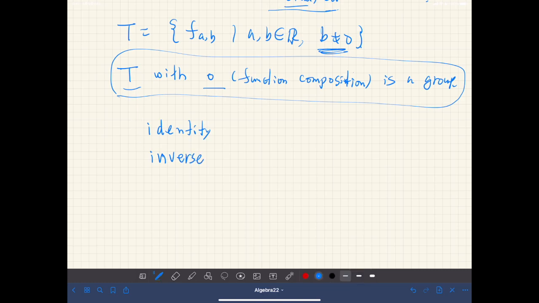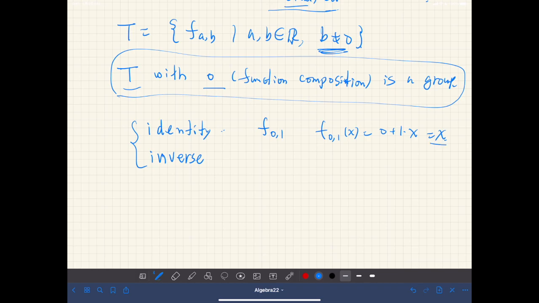For this case, the identity would be f of 0, 1, which has this form: 0 plus 1 times x, which is just x.